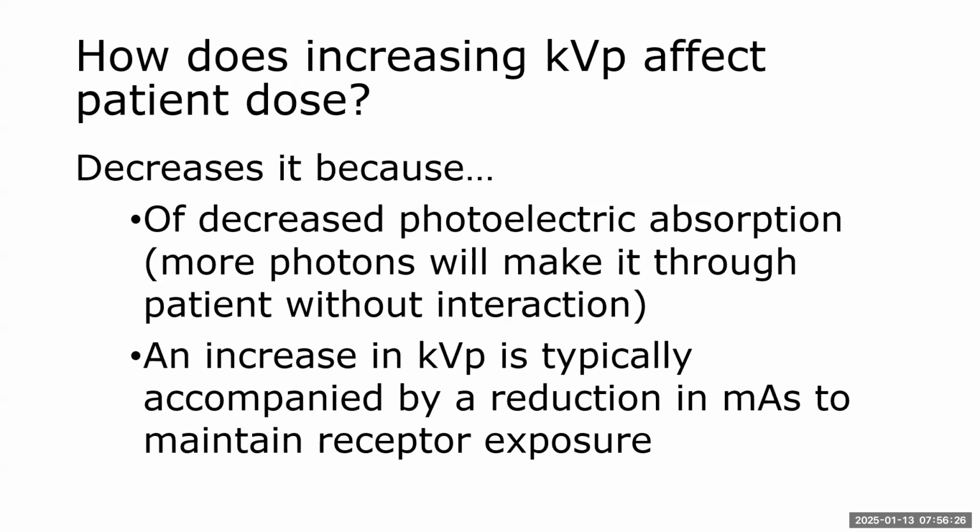And what do we typically do if we increase our kVp and we want to maintain receptor exposure? What do we have to do? Decrease the mass. And anytime we decrease the mass, we're going to decrease patient's dose. Okay, so that's why generally we say if we can use higher kVps, it's better for patient dose.